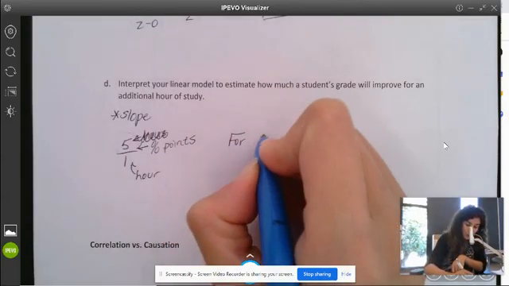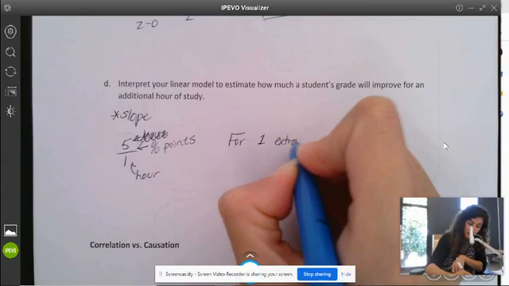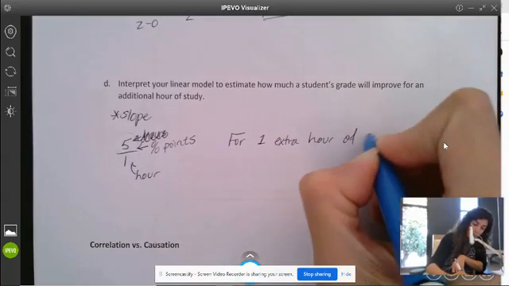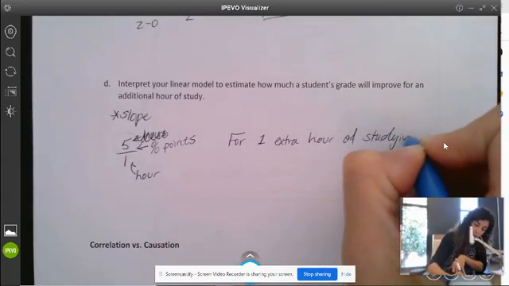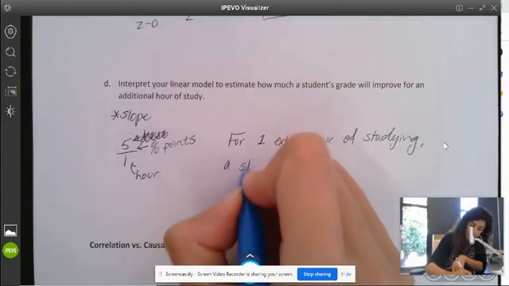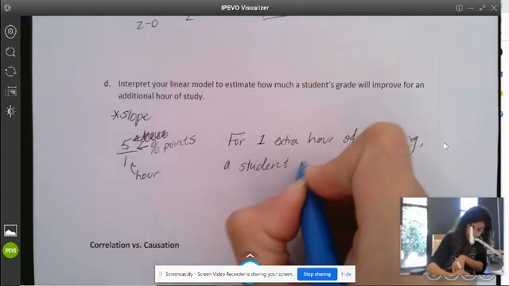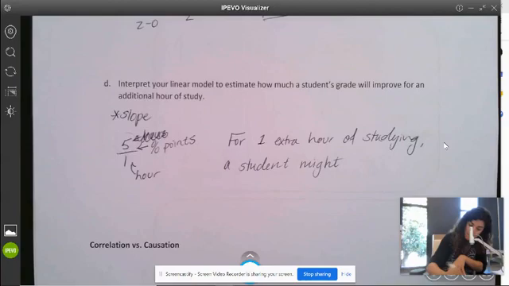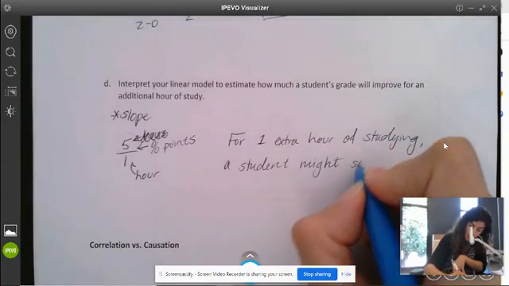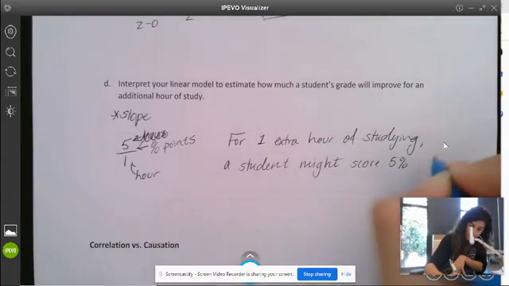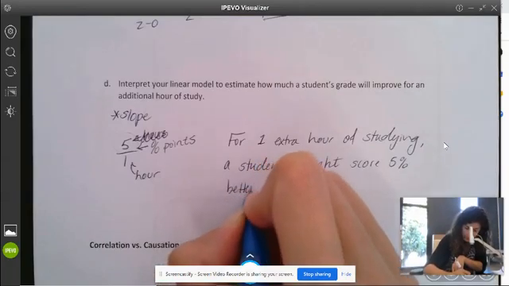So for 1 extra hour of studying, a student might score 5% better on the exam.